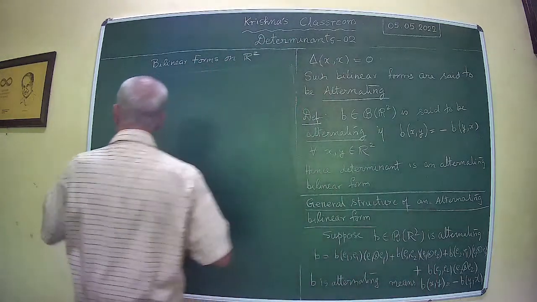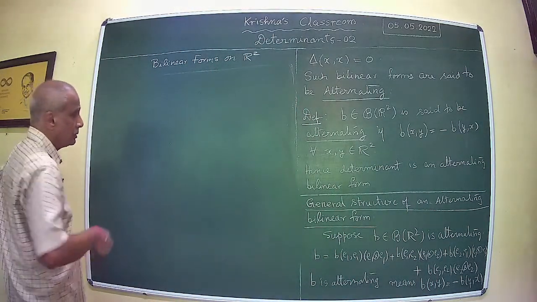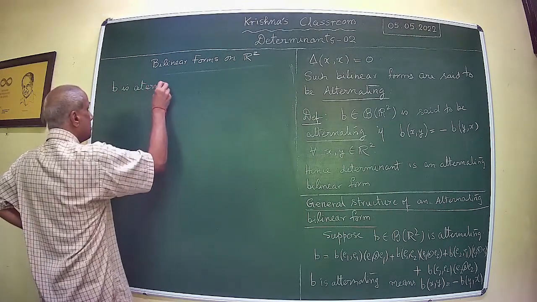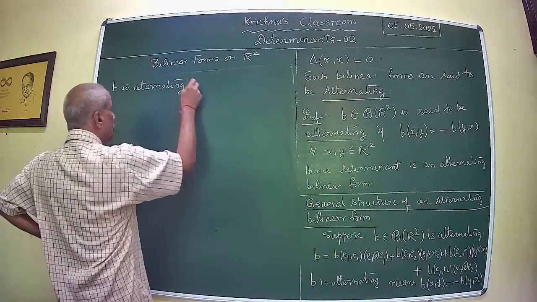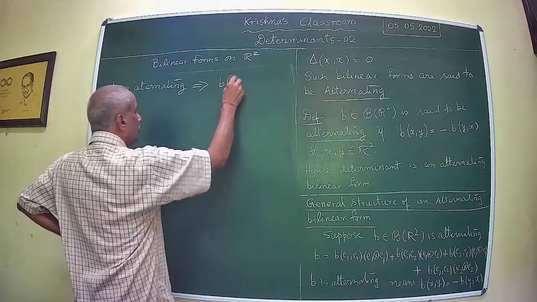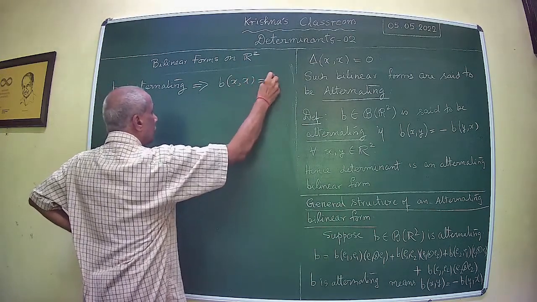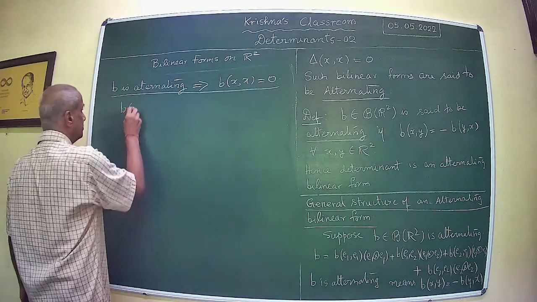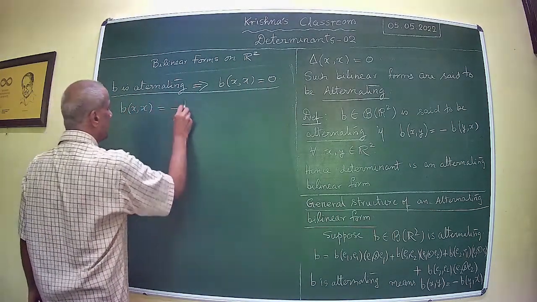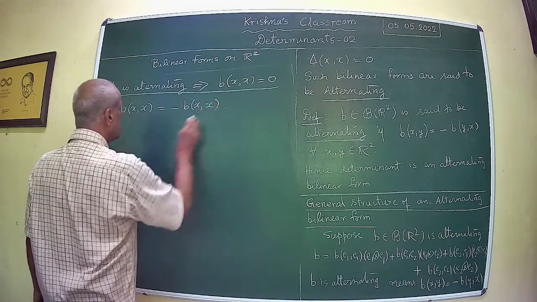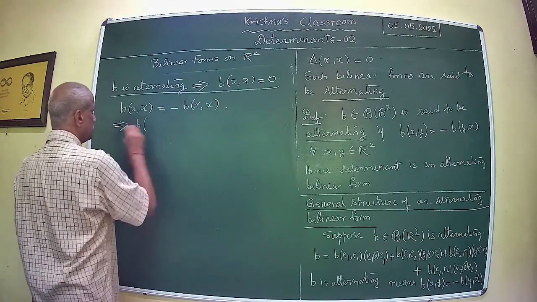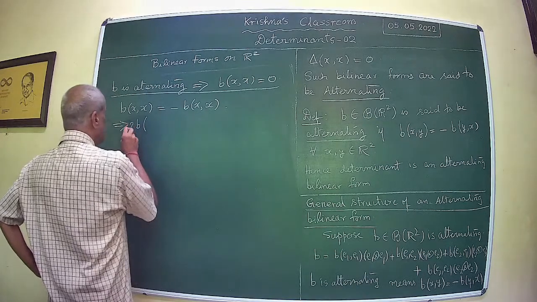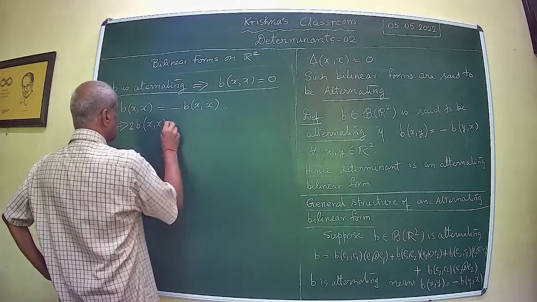Okay. Now B is alternating, zero. Let us prove this. So you see that B of x, x is also equal to minus B of x, x, so B of x, x twice equal to 0.